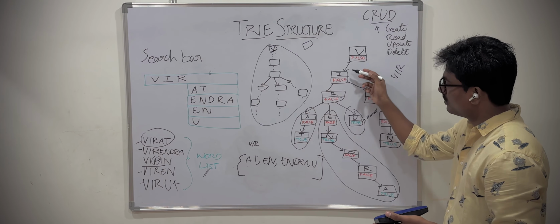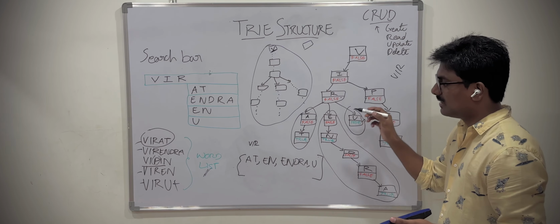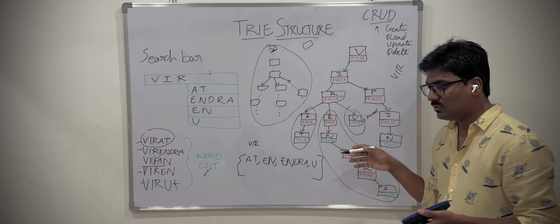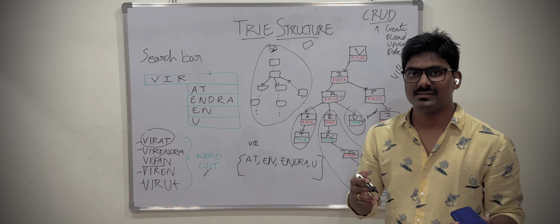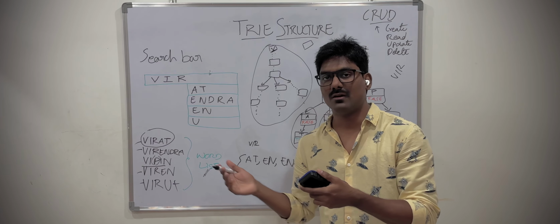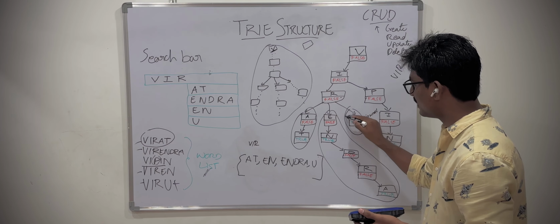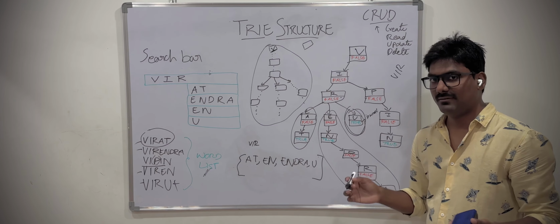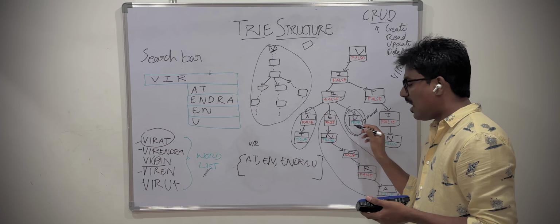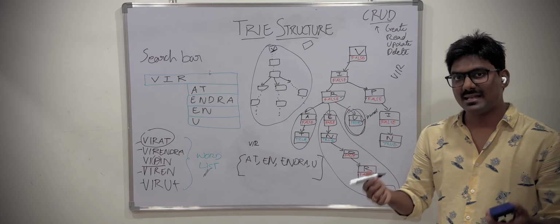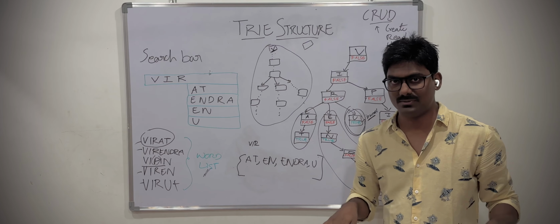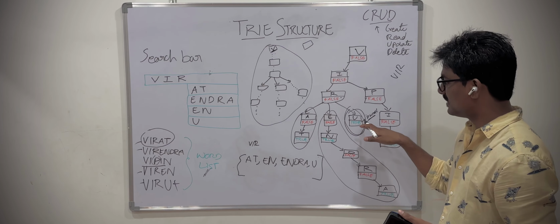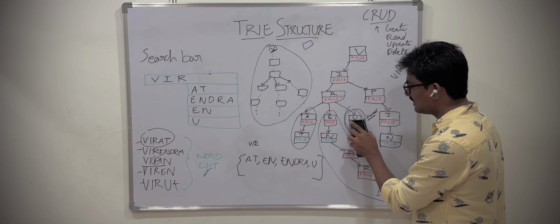We will go through the tree and come to the node which is the last character of the word. Since it is the last character, is word will be true, 100%. What we will do is make this false.